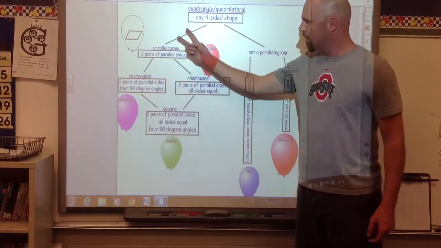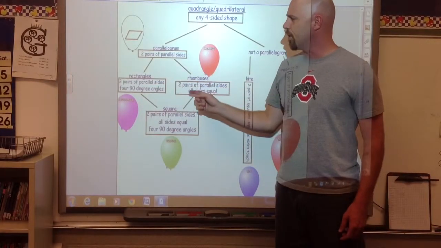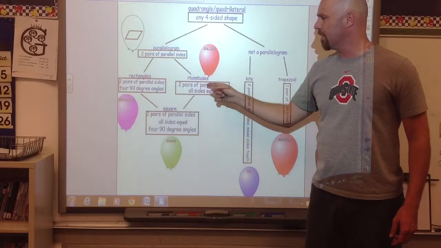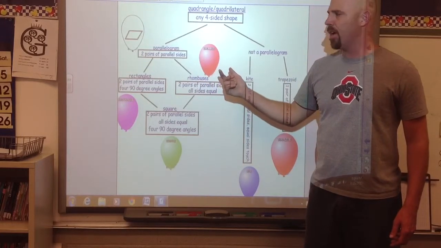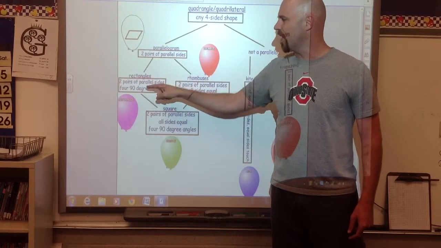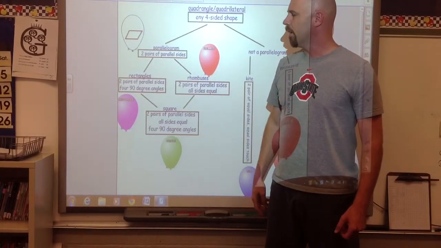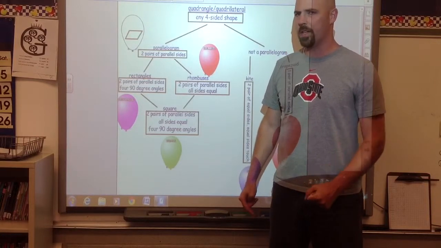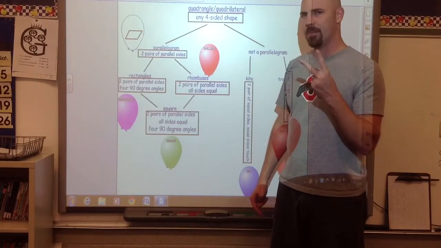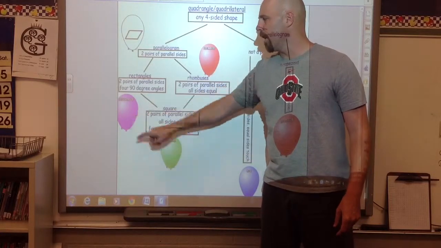Okay? Now we slide down a little bit further and we have different branches. You'll see each of these next two shapes also have two pairs of parallel sides because they're part of the parallelogram family. I'm going to go down the one that's more familiar to me, which is the rectangle. This one has two pairs of parallel sides, but it also has an extra rule. To be a rectangle, you have to have two pairs of parallel sides, and you have to have four 90-degree angles.